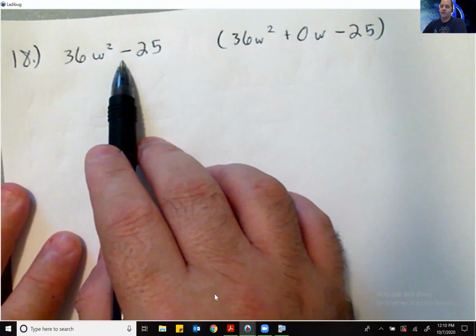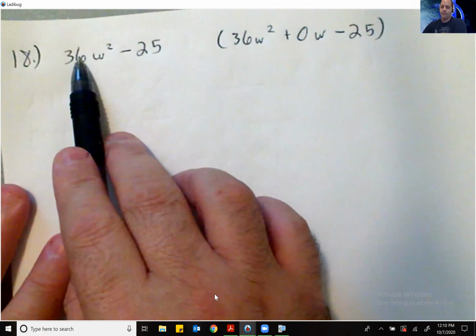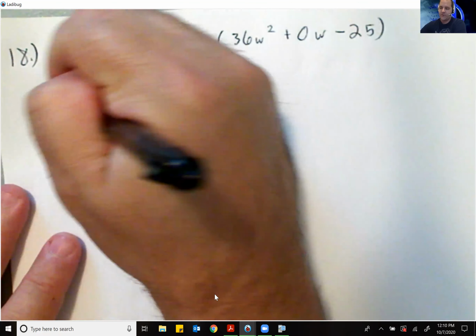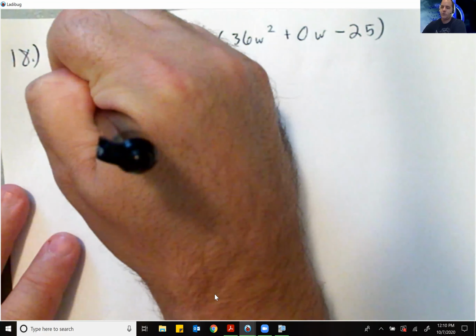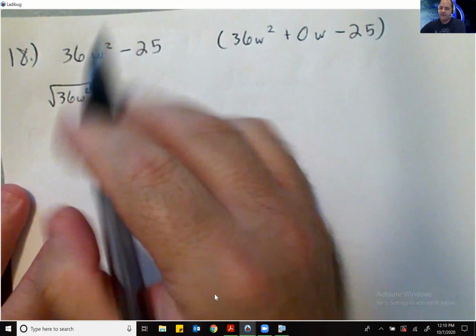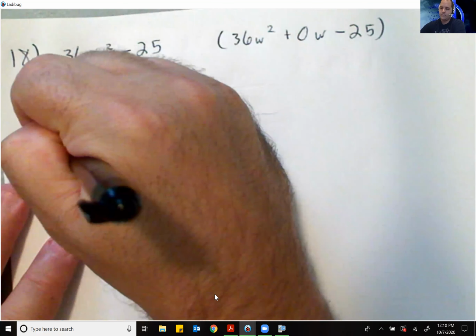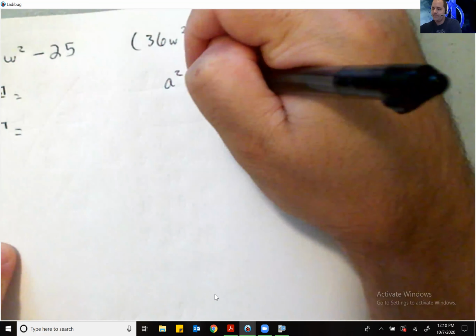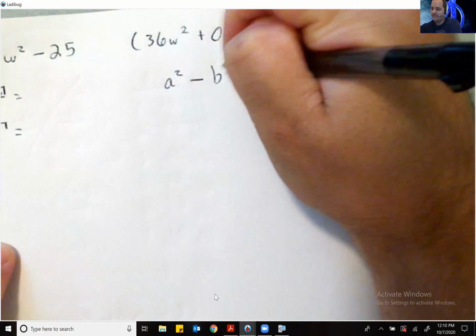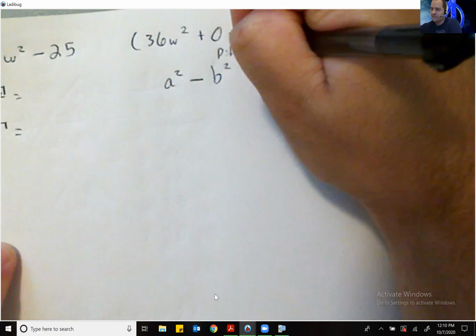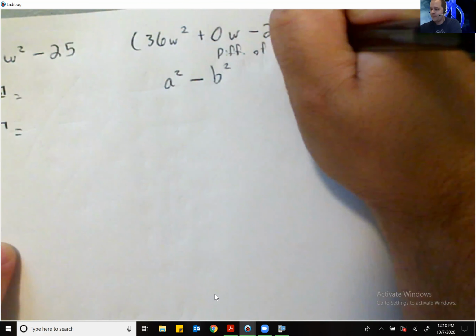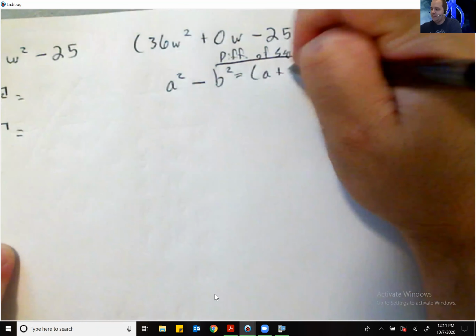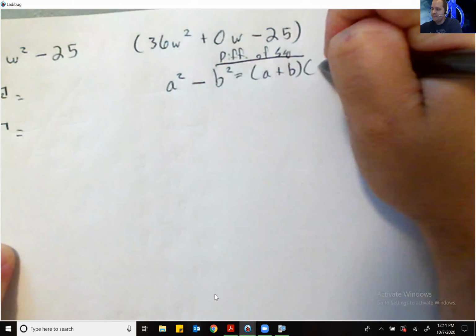So in the difference of squares, all you're going to do is take the square root of each one of these. So we're going to square root the first term. And we're going to square root the second term. Because when you have a difference of squares, it factors to a plus b, a minus b.